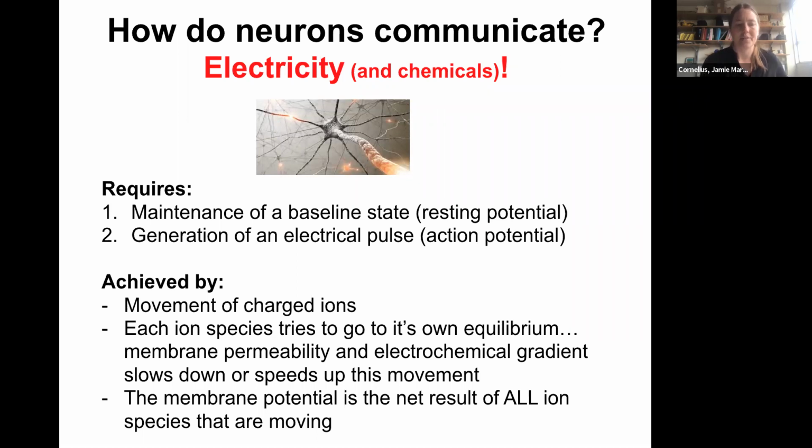So this is largely achieved by the movement of charged ions, and each ion species, when I say a species, I mean a type of ion like sodium or potassium or chloride, trying to go to its own equilibrium potential. So you have membrane permeability and an electrochemical gradient that slows down or speeds up that movement of the ion. And the membrane potential is basically the net result of all of the different ions that are moving up or down their equilibrium gradient. We're going to go over all of that now.